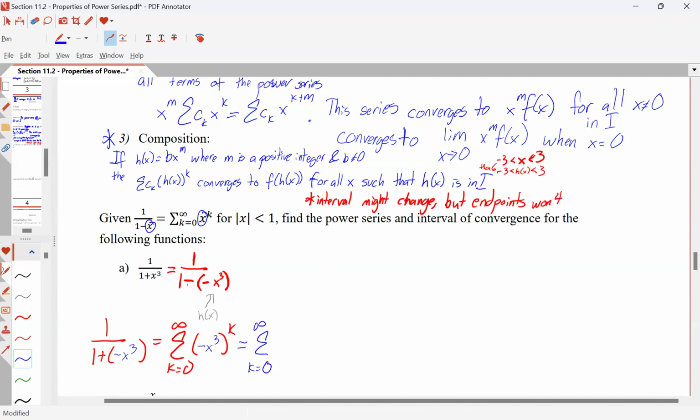So this would be negative 1 to the k times x to the 3k, distributing the k to both factors inside that parenthesis. So there is our power series, negative 1 to the k, x to the 3k, for 1 over 1 minus negative x cubed. And this should have been a minus here, but I wrote a plus.